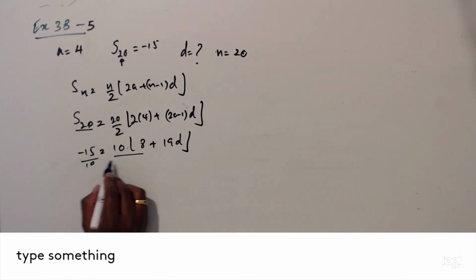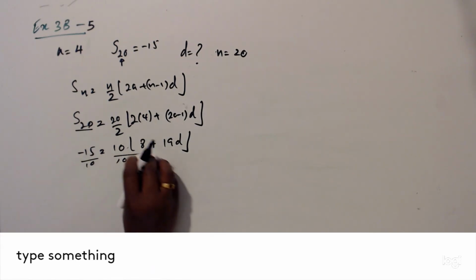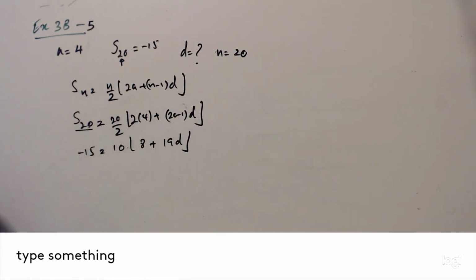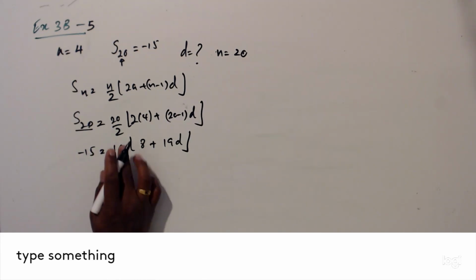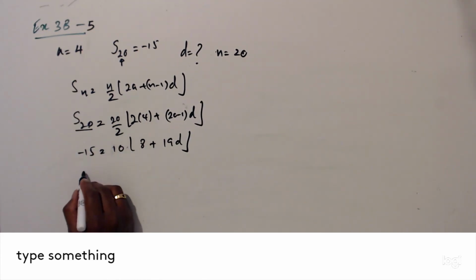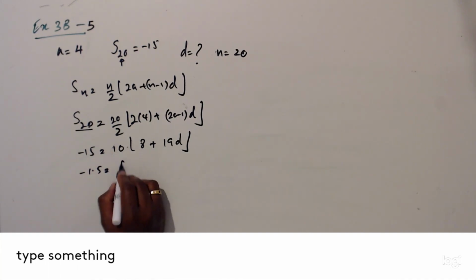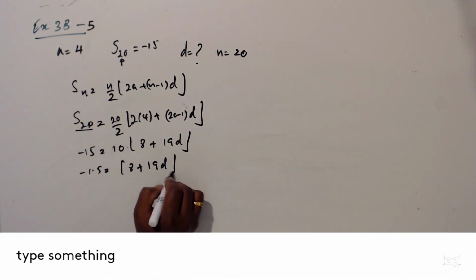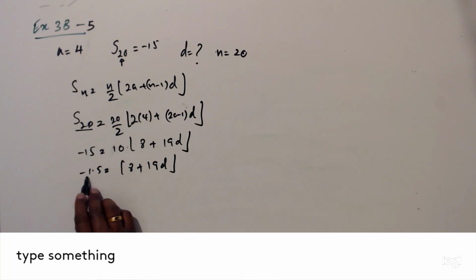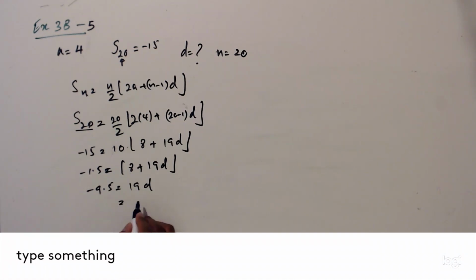Divide both sides by 10, so this becomes minus 1.5 equals 8 plus 19d. This 8 comes to this side, so it is minus 9.5 equals 19d. Divide by 19 on both sides. The d value is minus 0.5.